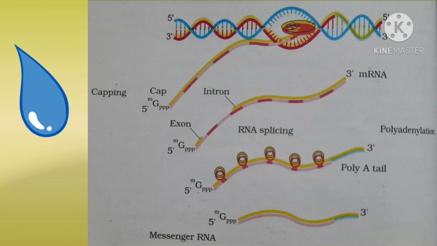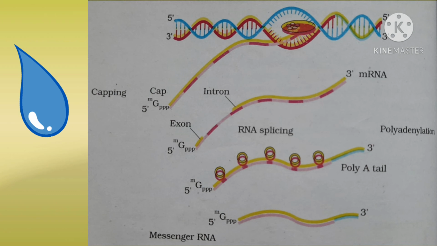The introns are removed and the exons are glued together by ligase enzyme, and this process is called as splicing of mRNA. This processed mRNA is now ready to translate into a protein when it is protected by capping at 5' end and tailing at 3' end with a poly A tail.